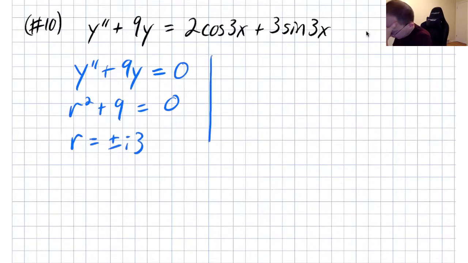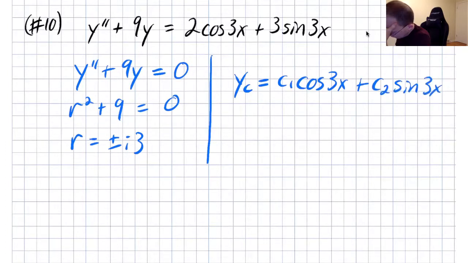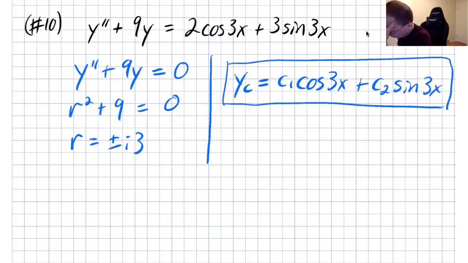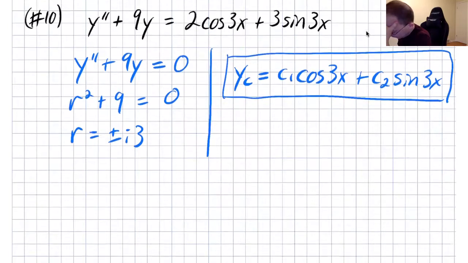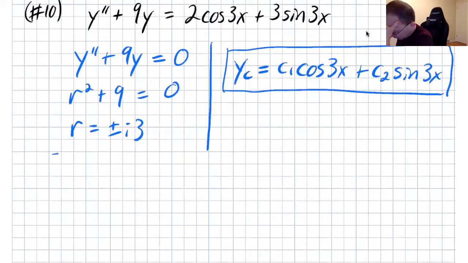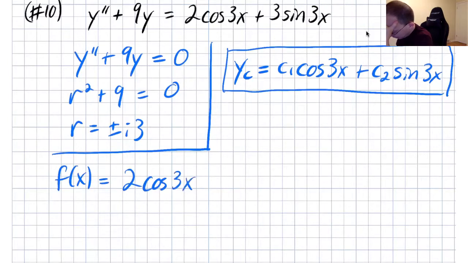And so therefore, the complementary solution is going to be C1 cosine 3x plus C2 sine 3x. So there's our complementary solution. And now f of x is equal to 2 cosine 3x plus 3 sine 3x.